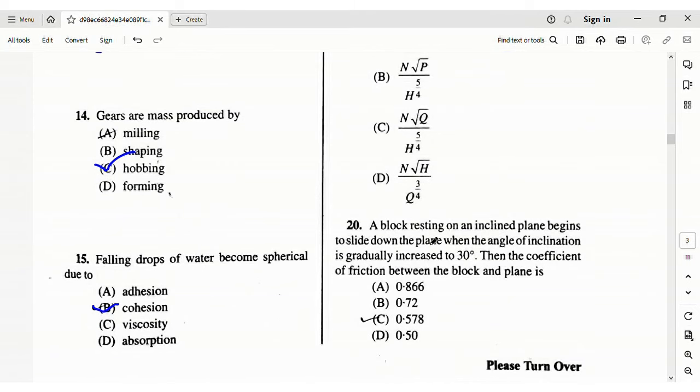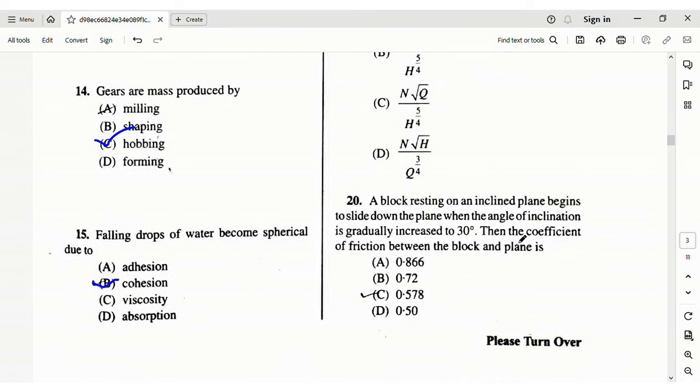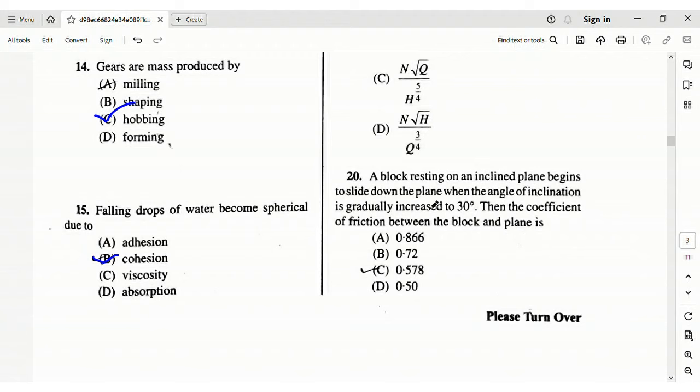A block resting on an inclined plane begins to slide down the plane when the angle of inclination is gradually increased to 30 degrees. Then the coefficient of friction between the block and the plane is. So we know, suppose that is a plane, the block is here, angle theta.